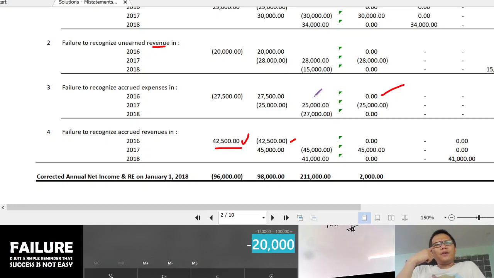So what is the effect? Your net income is overstated. Counterbalancing error.